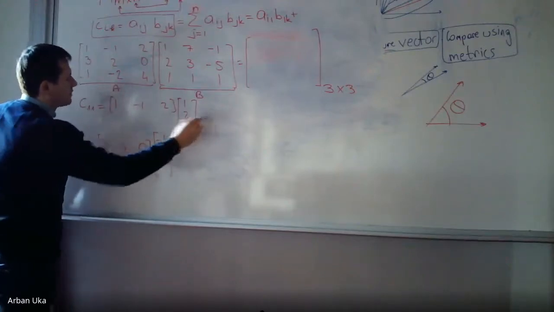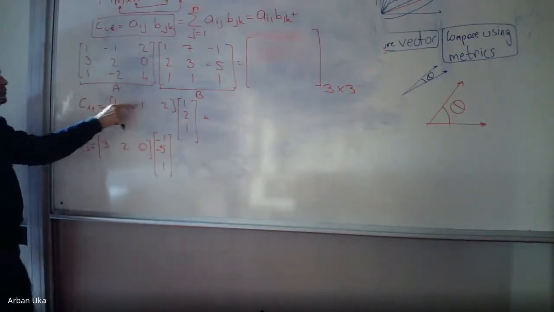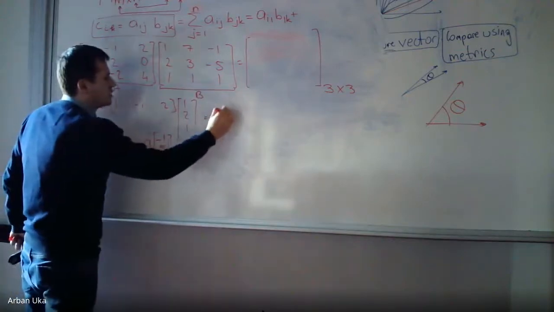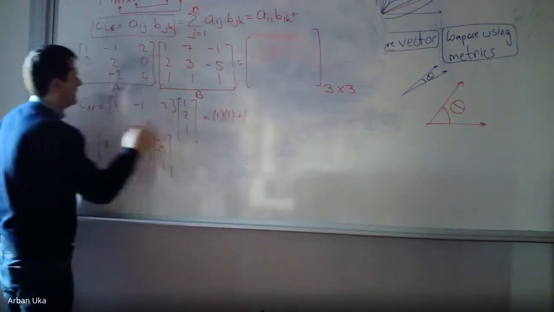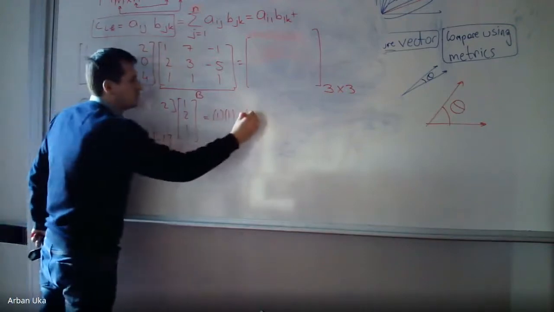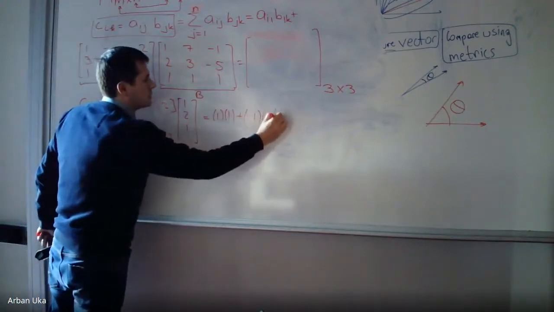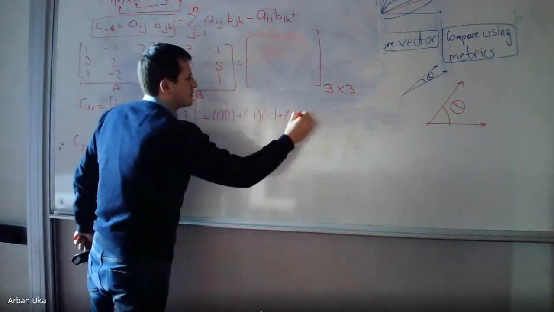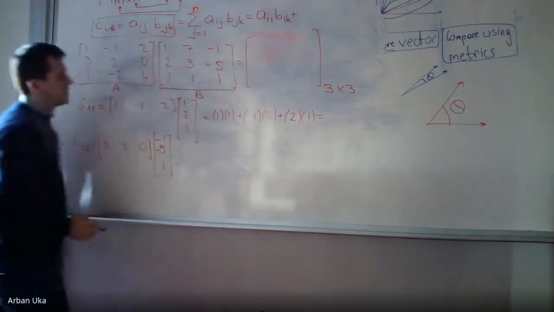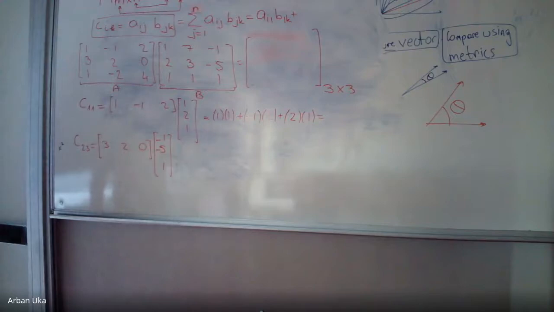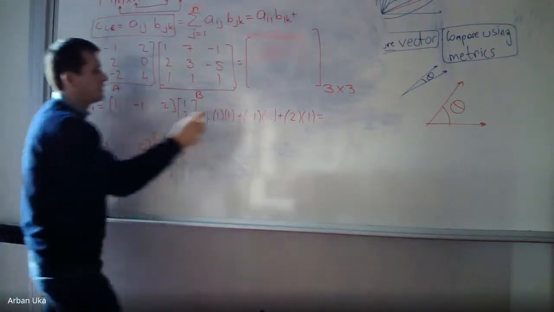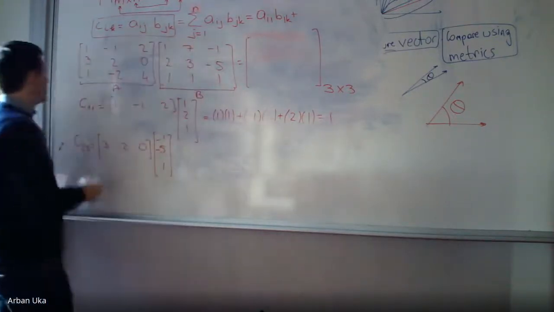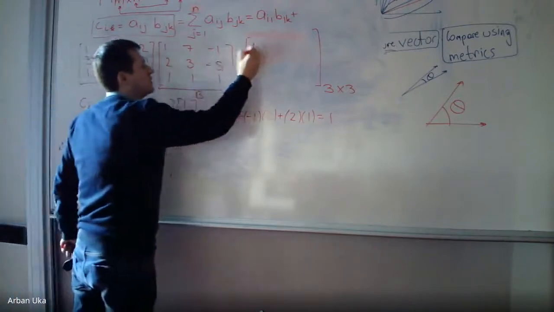Let's solve the first one. This is 1 times 1, plus minus 1 times 2, plus 2 times 1. What is this equal to? 1 minus 2 is minus 1, plus 2 is 1. So this is 1, this is C11, this element.